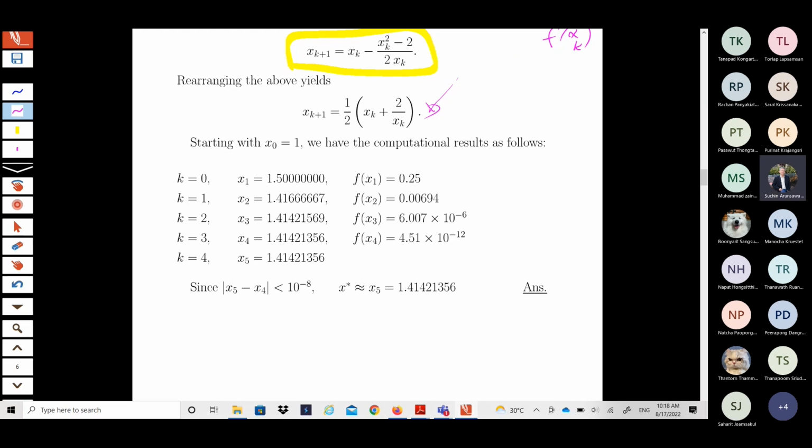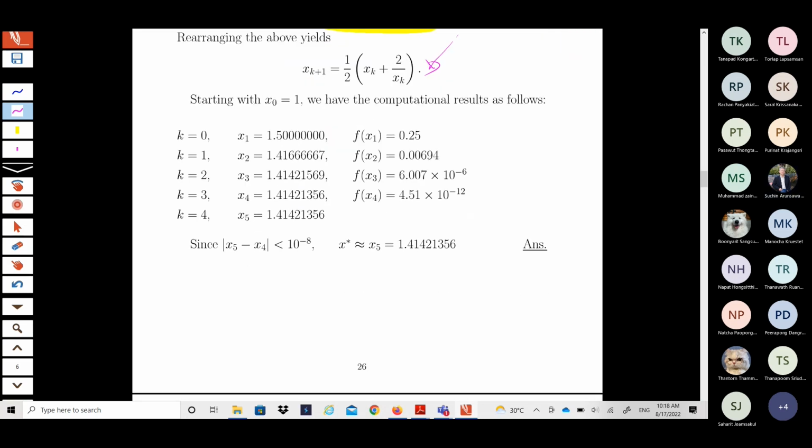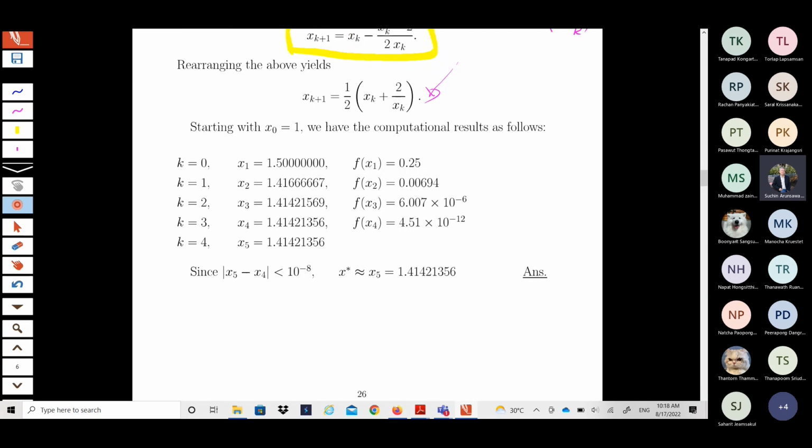Okay, so we start with x naught being 1. Then we do the first iteration. The x1 is 1.5, and f(x1) is 0.25. This is still not close to the solution, right? Because we already know the square root of 2 is approximately 1.4142.